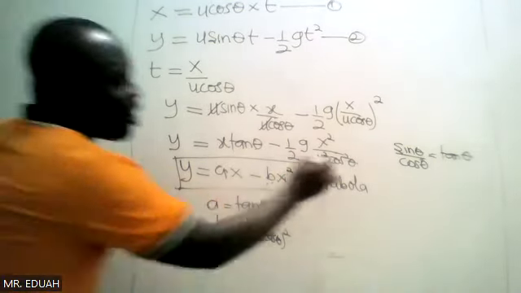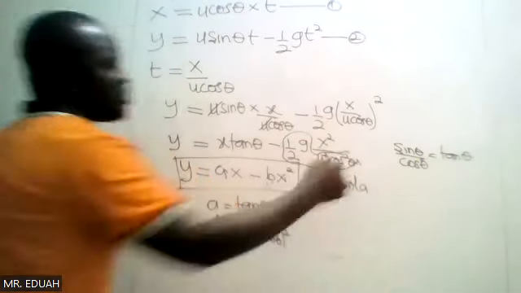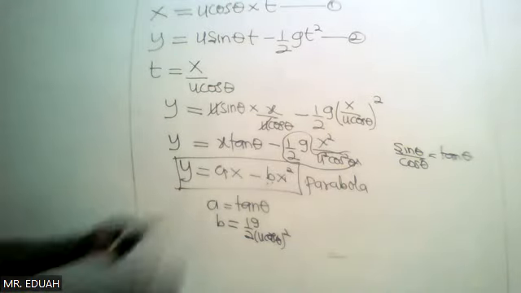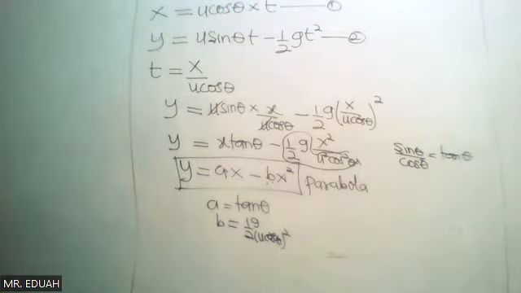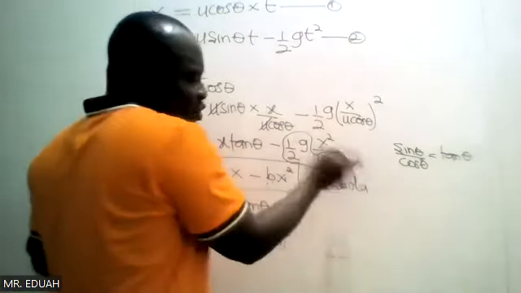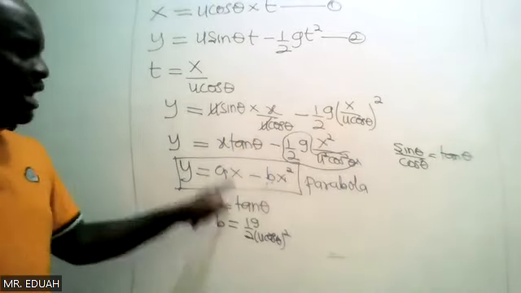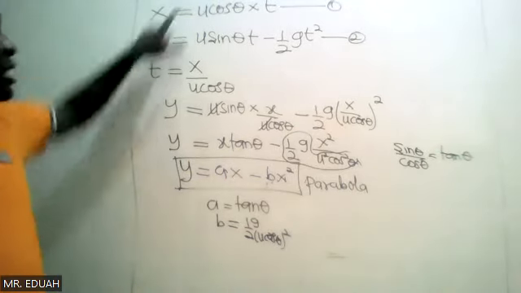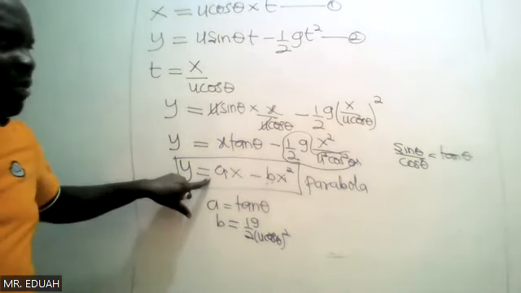So all these parts of whatever we have here is constant. So when you compare this to this, they are the same. And so what we have is the equation of a parabola.